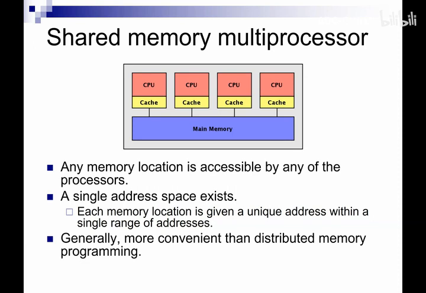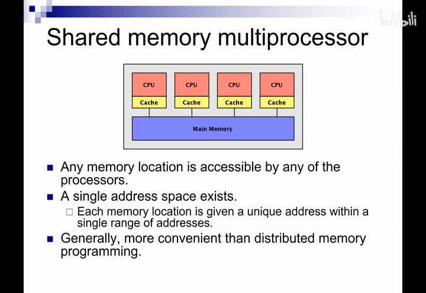If you don't have that coordination, then the processes are going to block, and your program doesn't work. And also you, as a programmer, have to keep track of where the data is. For shared memory programming, it's much simpler because all the data is accessible to all the processes.